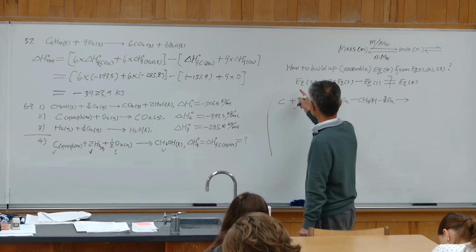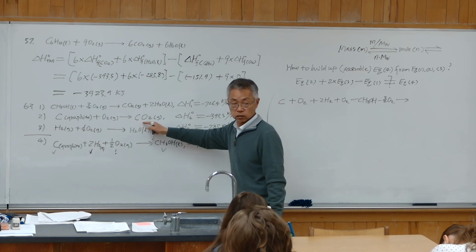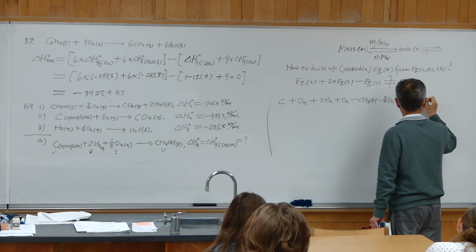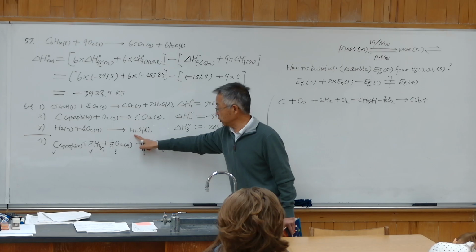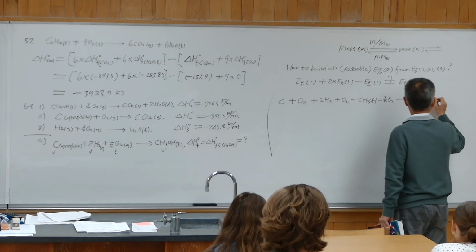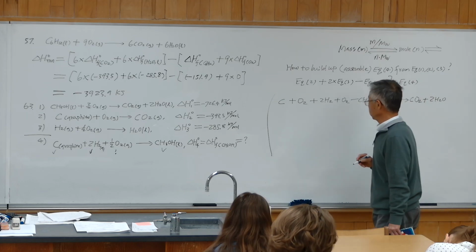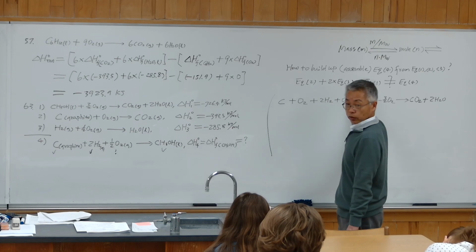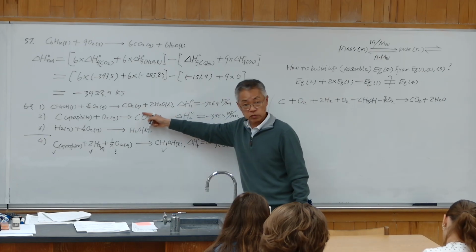Right side still uses this formula. Equation 2, right side, CO2. Equation 3 times 2, right side is 2 water. Then minus equation 1, right side. This time it's all right side, right?